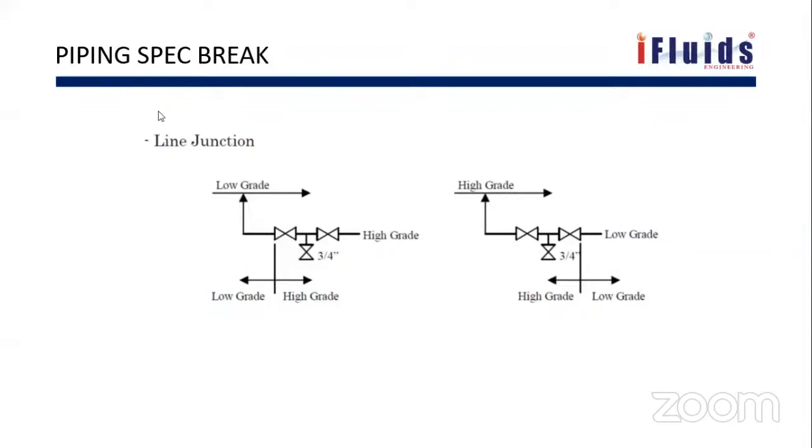So wherever it is given, the nearest point where it is getting joined will have that higher grade. Till that point, we'll be having that higher grade material. Okay, you can see here.